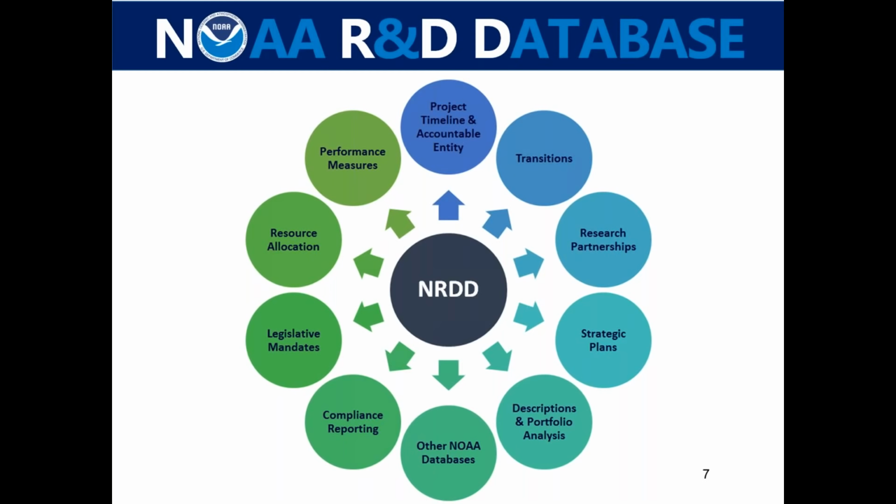As Meka talked about, transitions through the readiness levels and who you're transitioning it to, which office, who's adopting it, and what type of transition, whether it's operations, commercial, and so on. Research partnerships, as Meka talked about, we have the ability to track not just NOAA partners, but all of our cooperative institutes and all of our external partners.